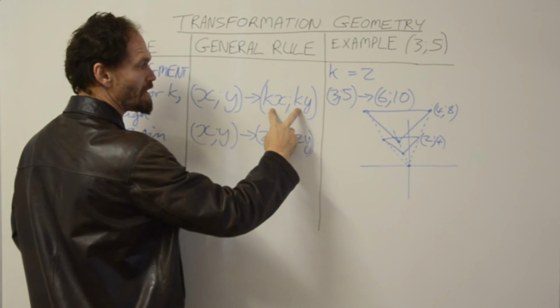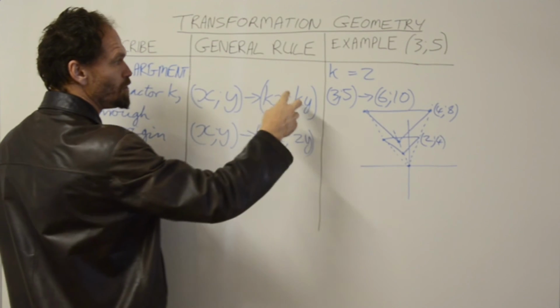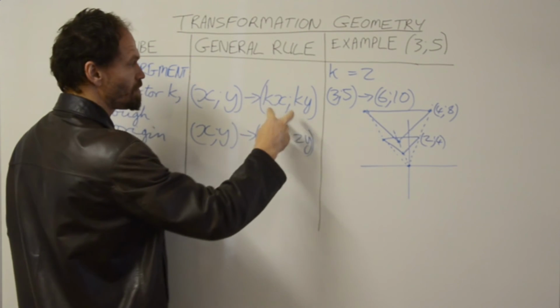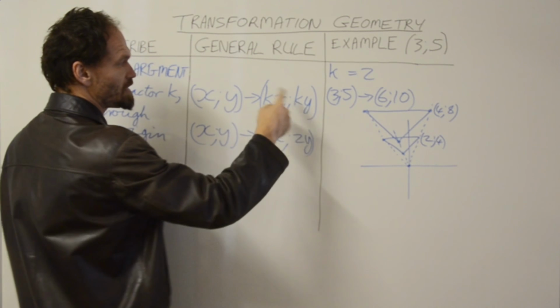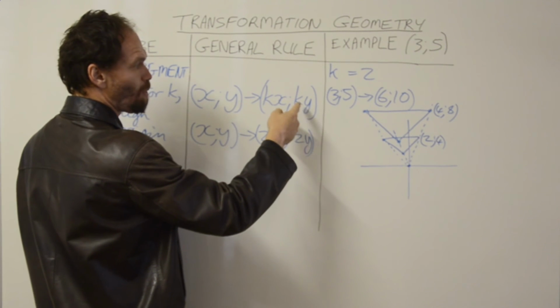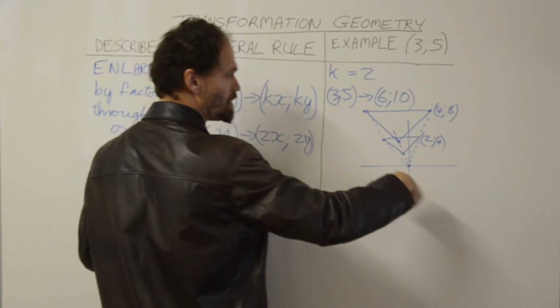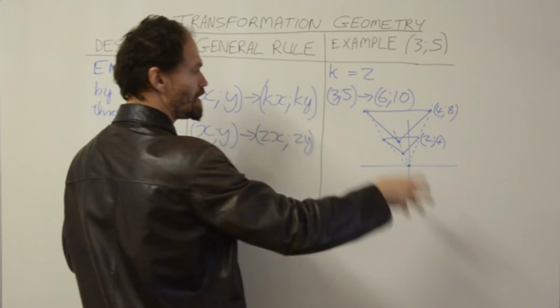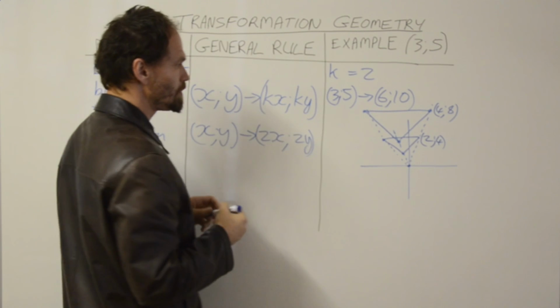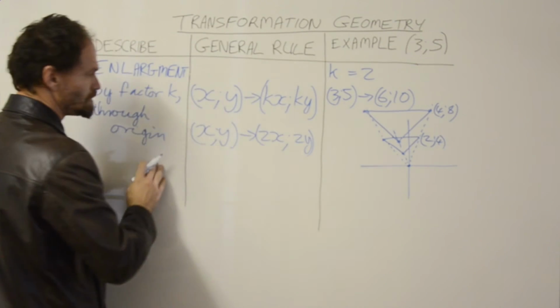And what happens to a negative? When you put a negative in front of it, then it's the same as saying it is being negative, negative. That's a rotation of 180 degrees, and then enlarged or reduced. Okay, so that's my enlargement.